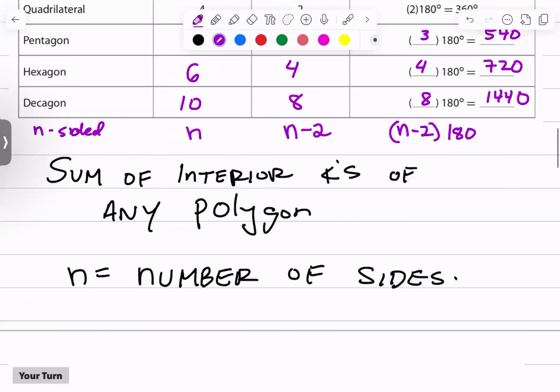Okay? So yes, this is going to be my formula. That's it. N minus 2 times 180 is the sum of all interior angles of any polygon. Okay? Cool.